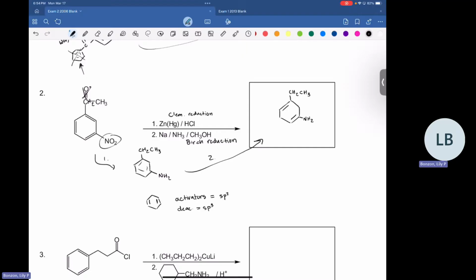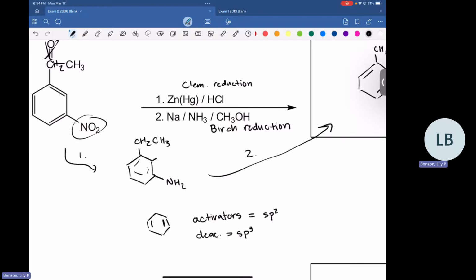Because this reducing agent is strong enough to react with that nitro group. Yes, there might be a case, let's say if we had the NH2 at that position, at the ortho to the ethyl, then you'd be forced to put one on sp2 and one on the other.